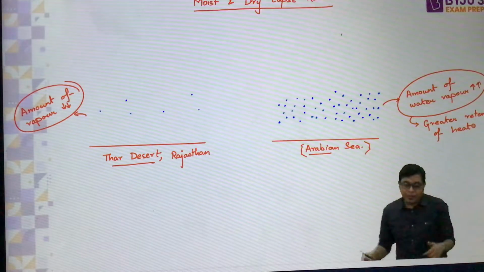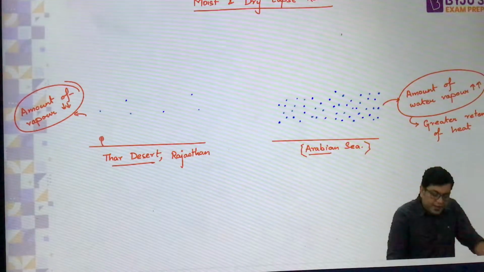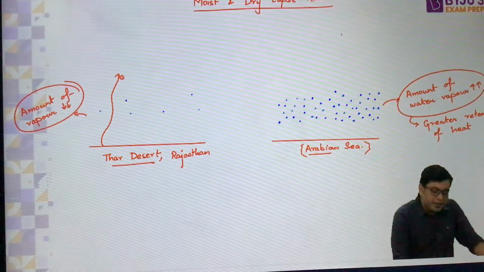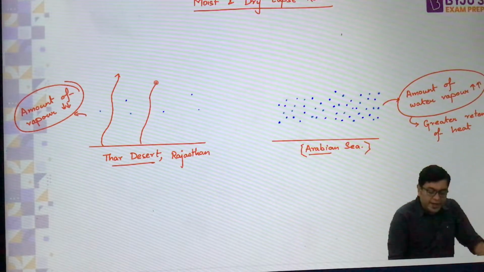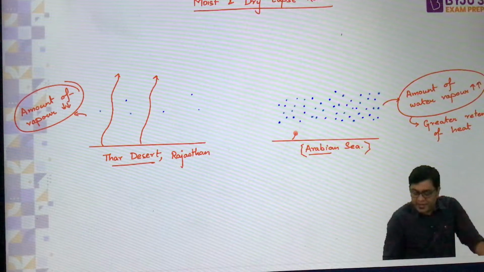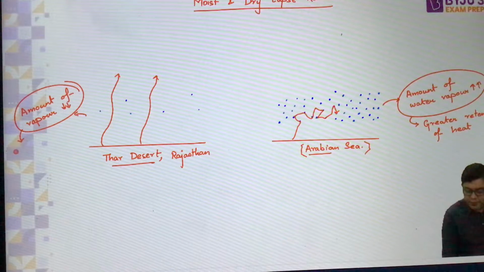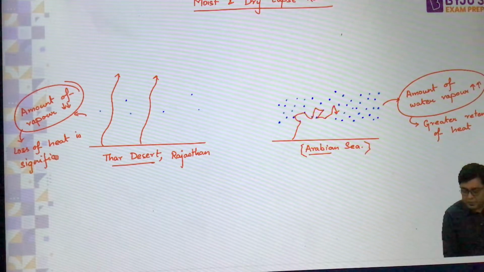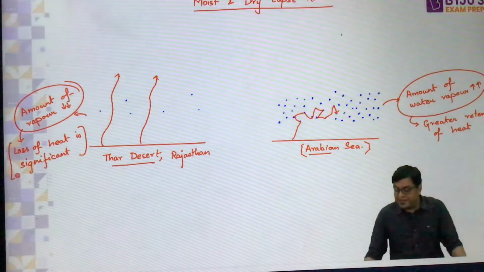Whereas in the region of the Thar Desert, the long wave terrestrial radiation will be lost. In the other case, the terrestrial radiation will be trapped quite significantly. So here the loss of heat is pretty significant.